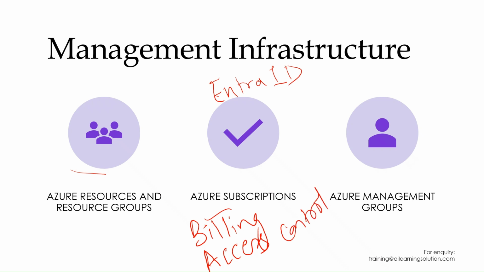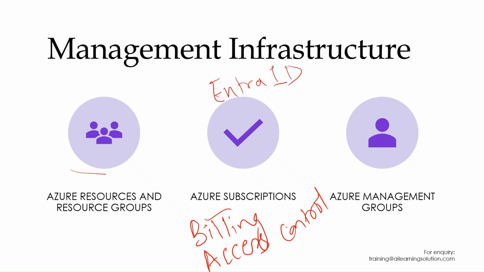In the case of a billing boundary, each one generates separate invoicing and billing reports, allowing organizations to track and manage costs independently. For example, finance, HR, and IT might each have their own subscription to isolate costs. One subscription for development and testing, another for production workloads. So you can think about it this way.